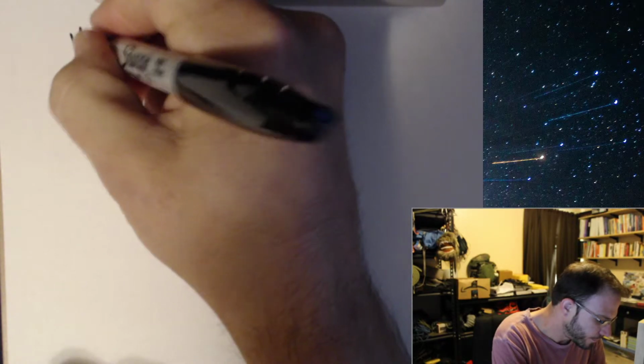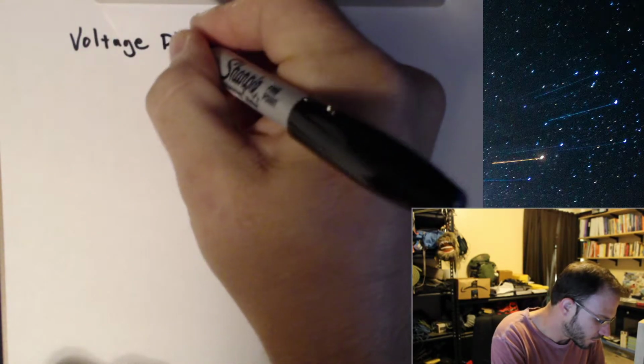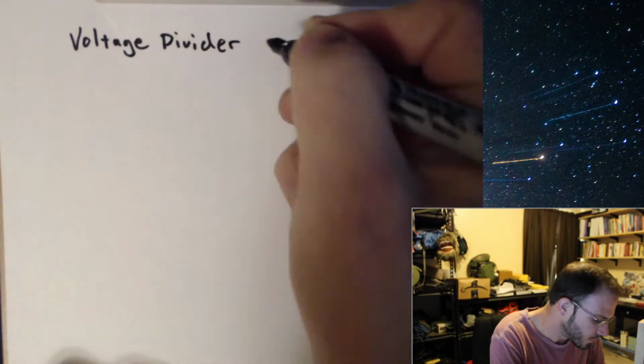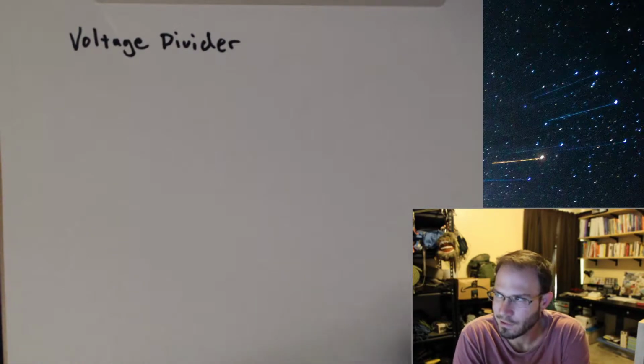I'm going to start with a really useful circuit element. This is something that I use all the time, actually daily. This is called a voltage divider. And it's not just done for academic learning purposes.